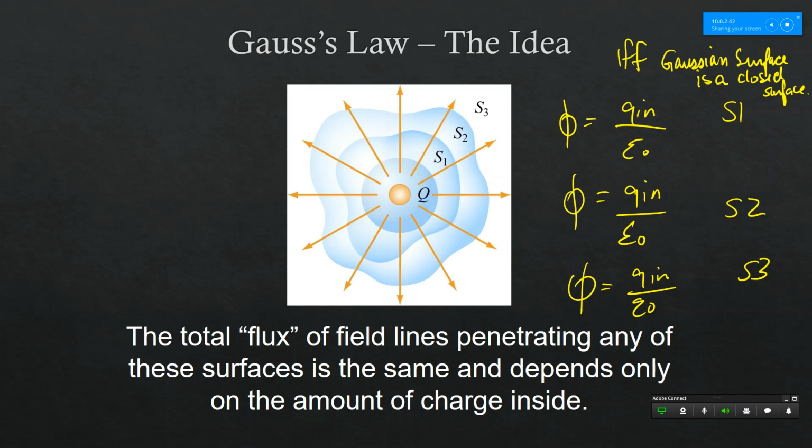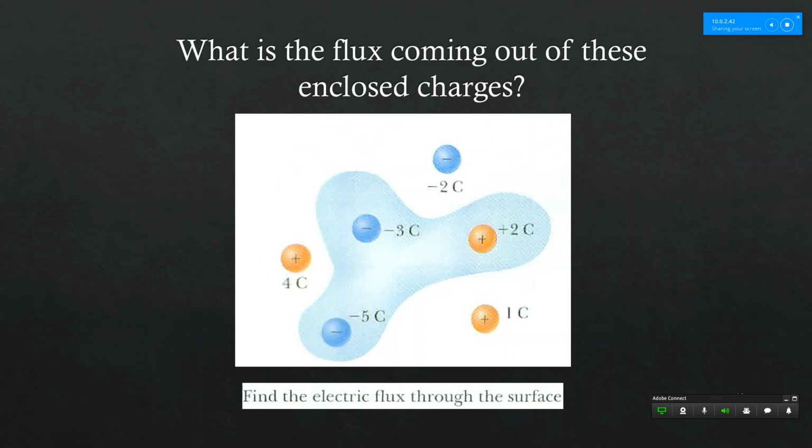All right. Let's move forward and let's try to do some examples. Here's one. What is the flux coming out of my weird Gaussian surface? My Gaussian surface is this weird shape there. What is the flux coming out of it? Want to try? Plus 2 only?